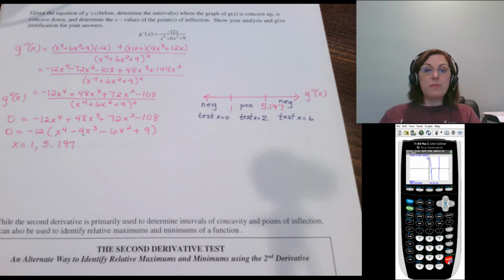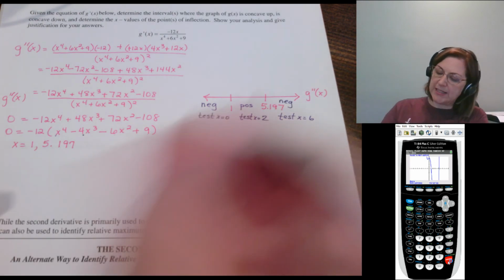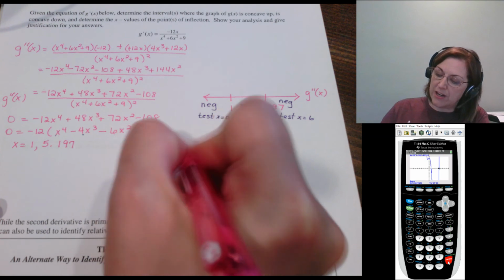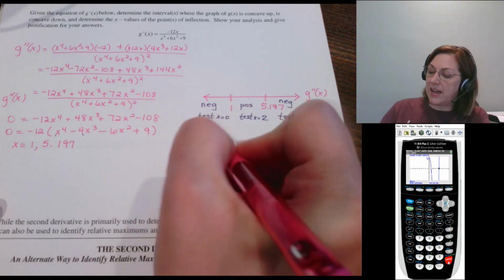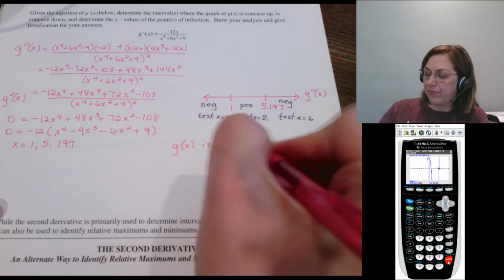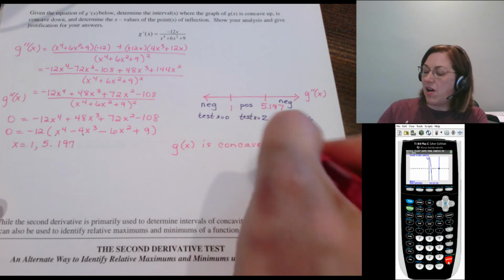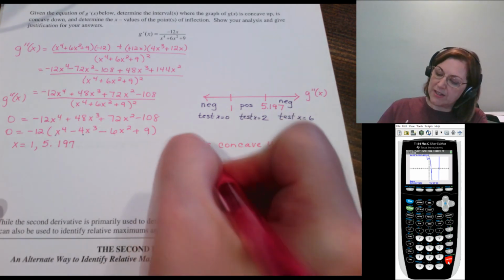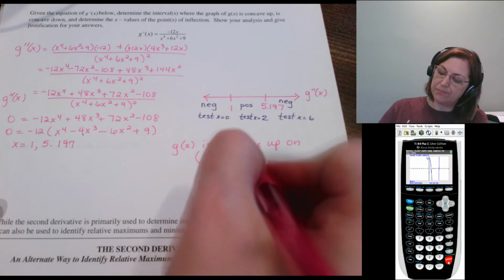Okay, so remember, this is the second derivative we've been testing. That means the function is concave up on the interval from 1 to 5.197.